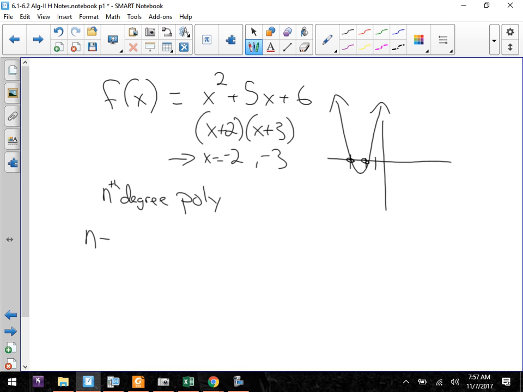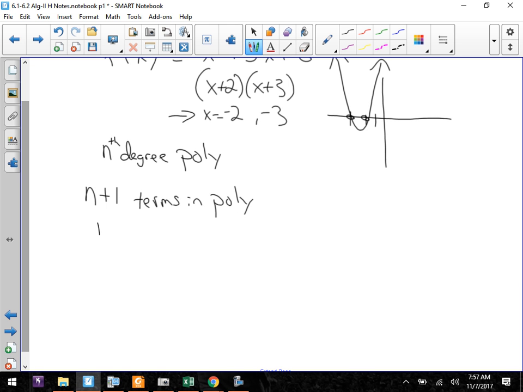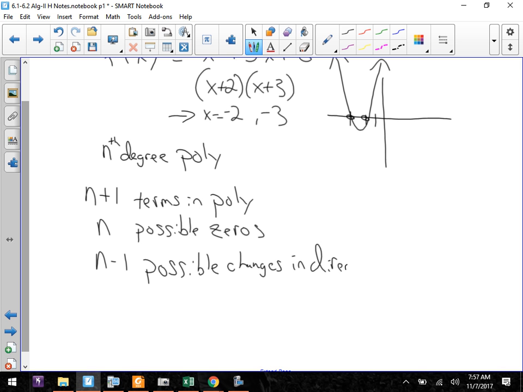We'll have n plus 1 terms in the polynomial, n possible zeros, and n minus 1 possible changes in direction.